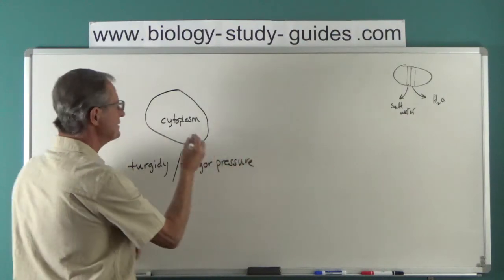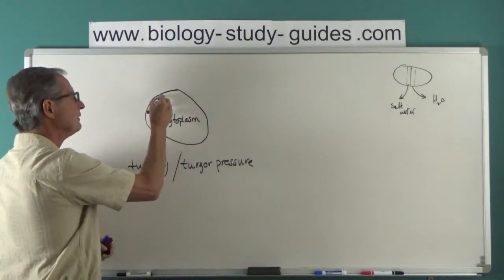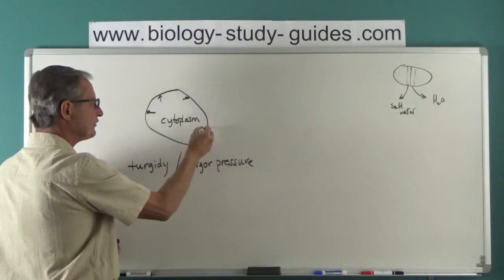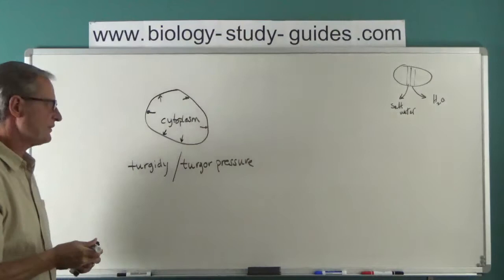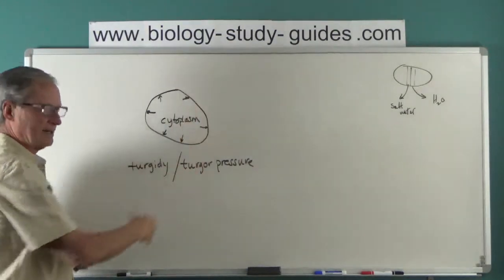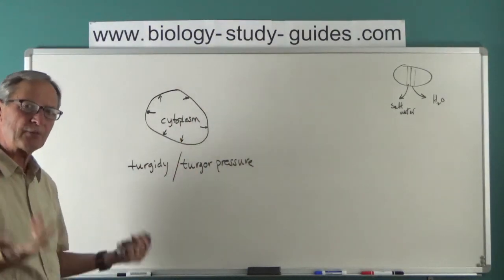The cytoplasm does exert a bit of pressure on the surface, the inner surface, pointing out of the cell. That's turgor pressure.